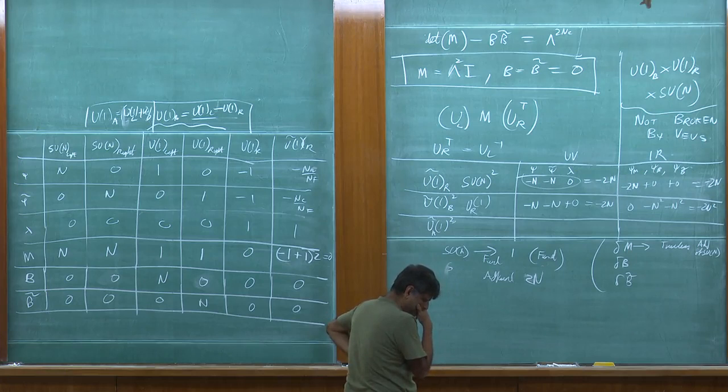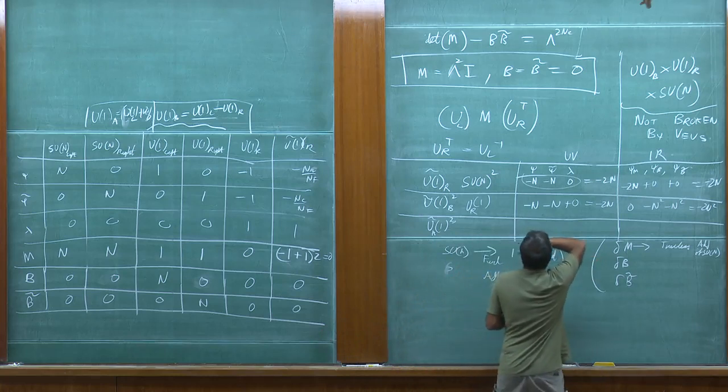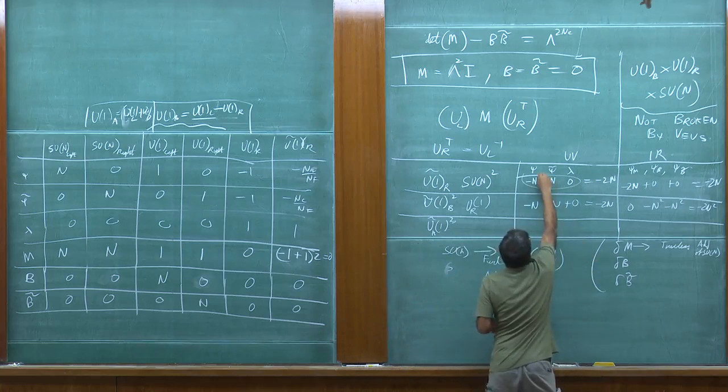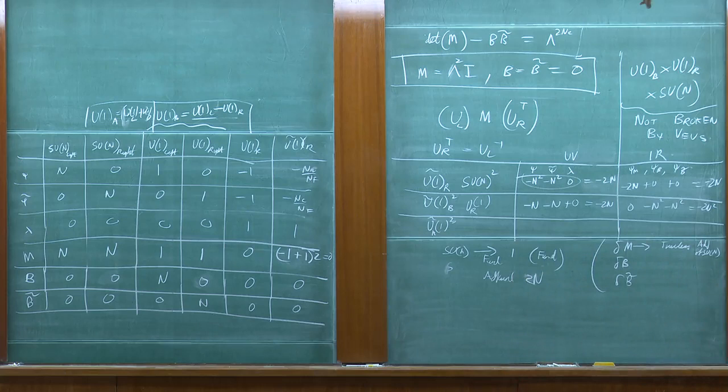Oh. I'm sorry. This was n squared, because psi's carry color indices as well. As far as these global symmetry indices go, every psi field, every fermion contributes equally.